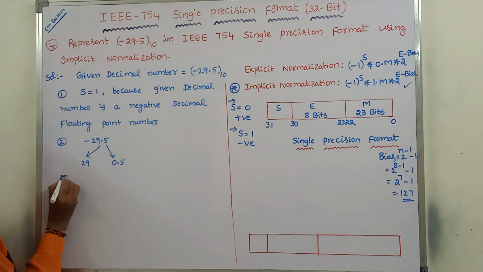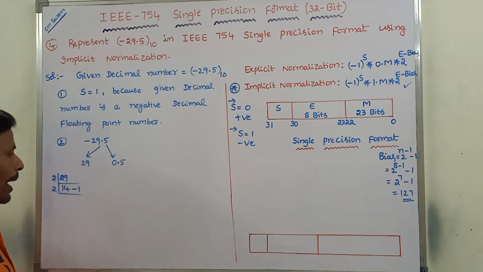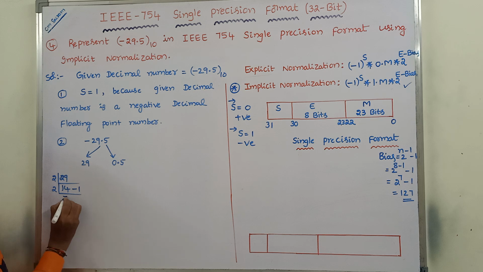So here 29 is divided by 2: 2 14s are 28, remainder 1. The quotient is not 0, so we divide 14 by 2: 2 7s are 14, remainder 0. Then 7 divided by 2: 2 3s are 6, remainder 1.